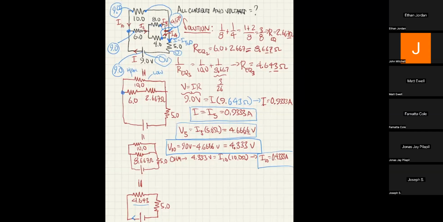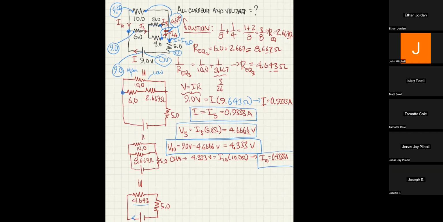And that should give me such a current that when I go across the 6 ohm resistor, I have exactly the right voltage such that that voltage added to the 8 volts, or excuse me, through to the V8 gives me the right answer.